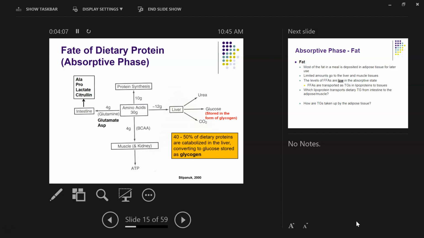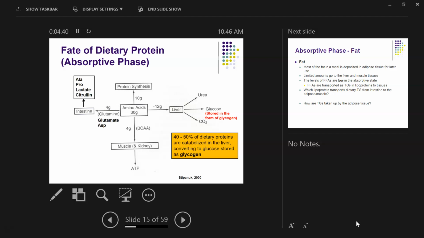And 4 grams of amino acids, particularly glutamine, glutamate, and aspartate, right? These are the most important amino acids that are utilized by the intestine for energy, right? And 12 grams of amino acids from the diet will be metabolized in the liver.